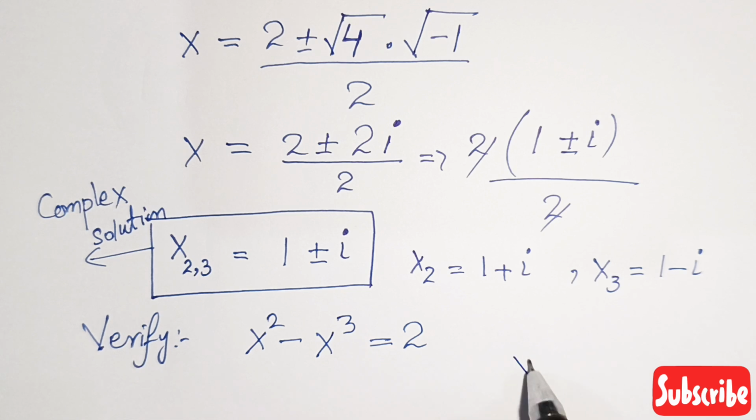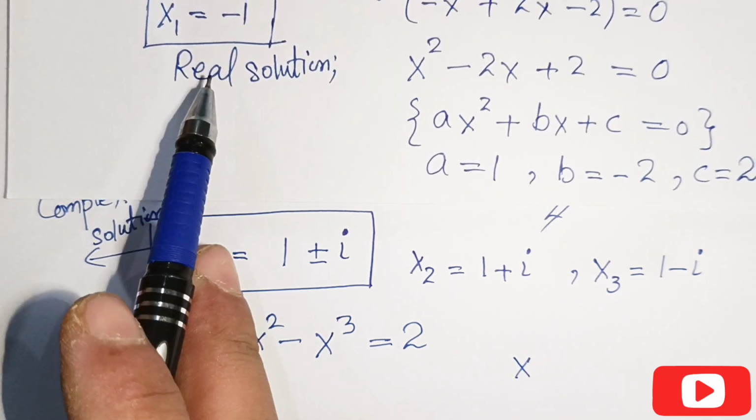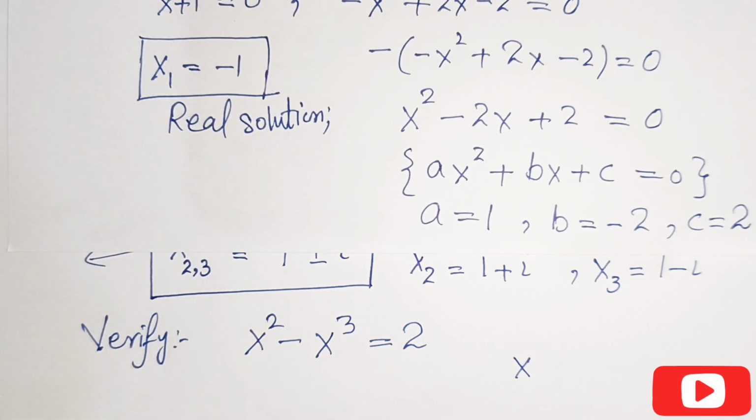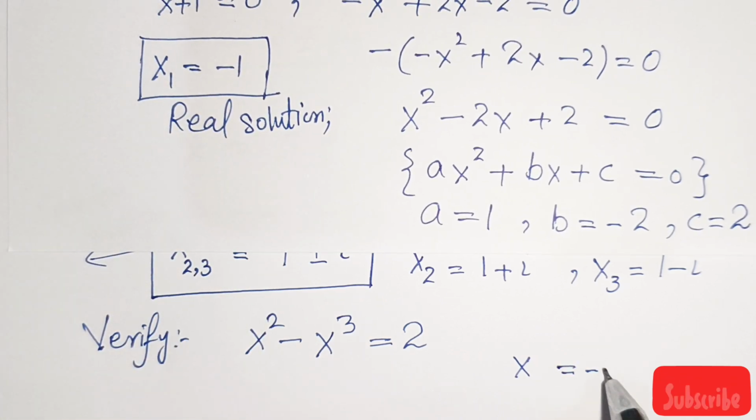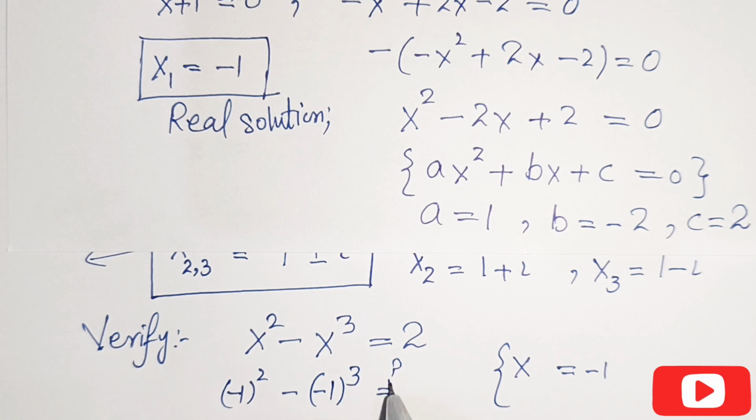If we put x equal to our real value, which is x1 equal to minus 1, using this value, it will be minus 1 whole squared minus minus 1 cubed, is it equal to 2?